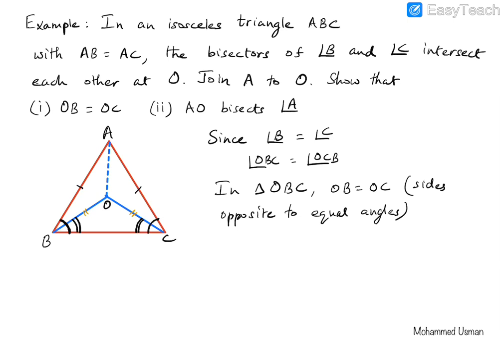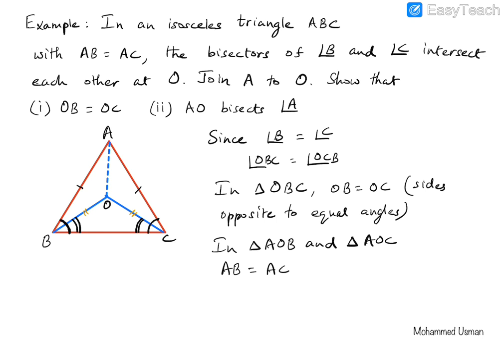So we will look at triangle AOB and triangle AOC. What can we say about the different sides and different angles? We know first of all that AB is equal to AC, which is the given part in the question.